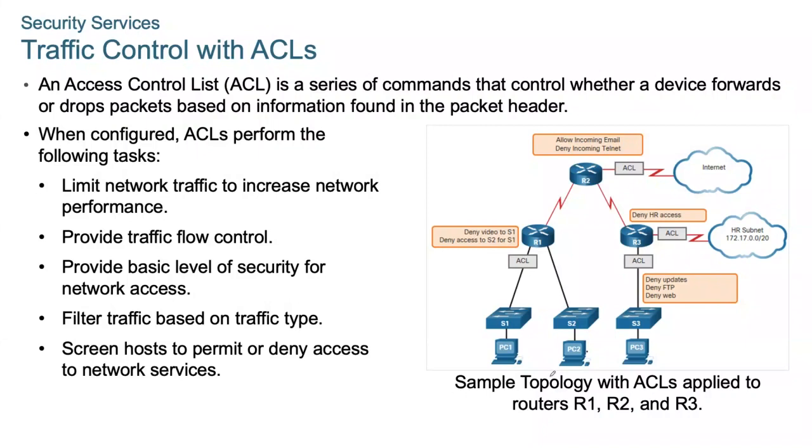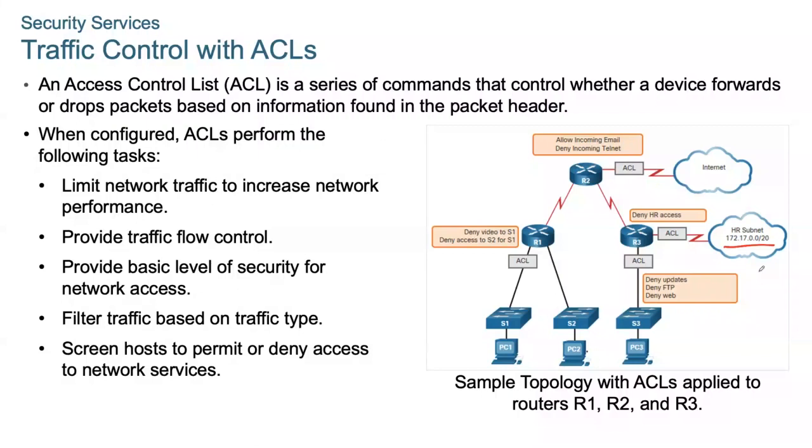In this case, the policy demands that access to the human resources network be restricted to authorized users only. No other users like PC1, PC2, or PC3 can access it. Only authorized users can. How is it configured? Authorized users, those inside this network, have IP addresses like 172.17.0.0 or 0.123.